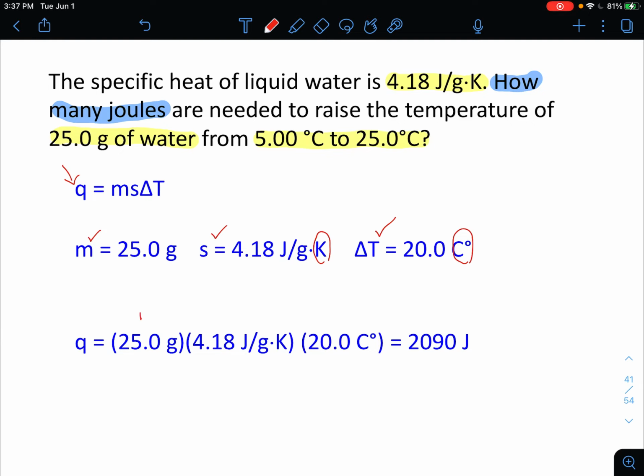So then Q equals m s delta T. All those values have 3 significant figures, so when I solve for it, I got 2090. So it says I need 2090 joules of energy if I'm going to heat up 25 grams of water from 5 degrees Celsius to 25 degrees Celsius, or more generally, to heat it up by 20 Celsius degrees as liquid water. Okay, so pretty straightforward there.